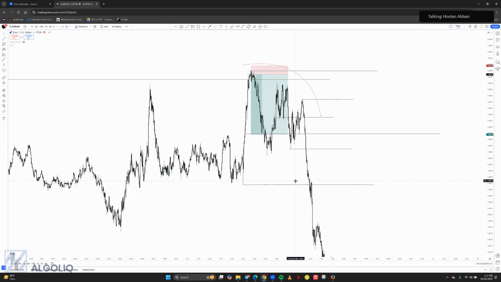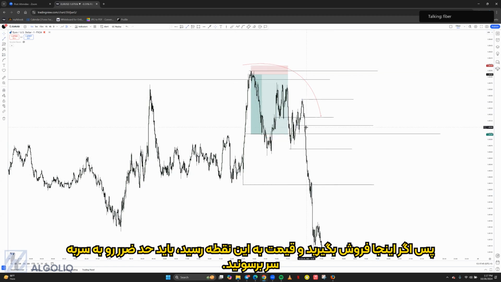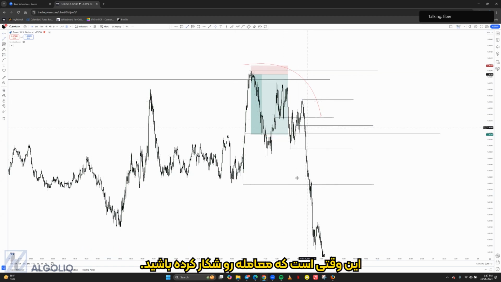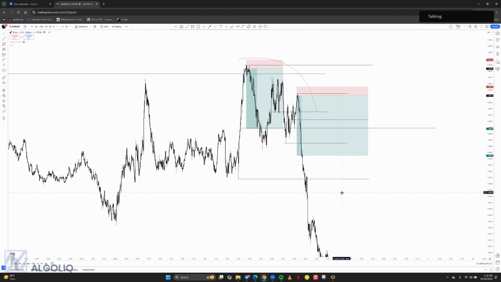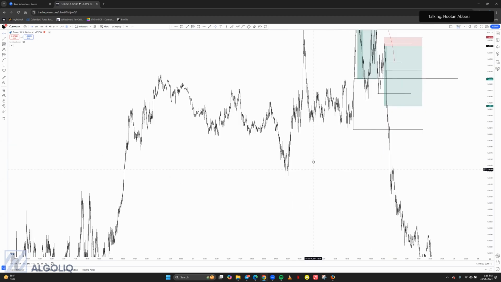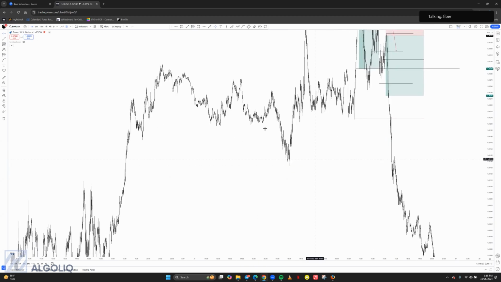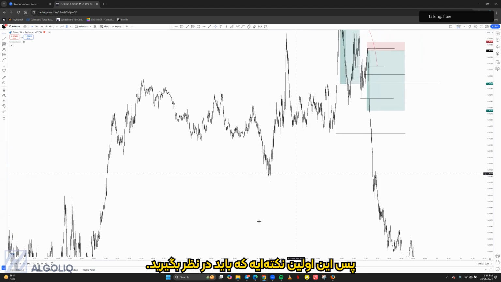The 50% is the midline within it. So if you take a sell from here, if price gets to this, you should break even. That is if you snipe the trade, if it's at the extreme, you should break even. So that is the first thing you need to consider.